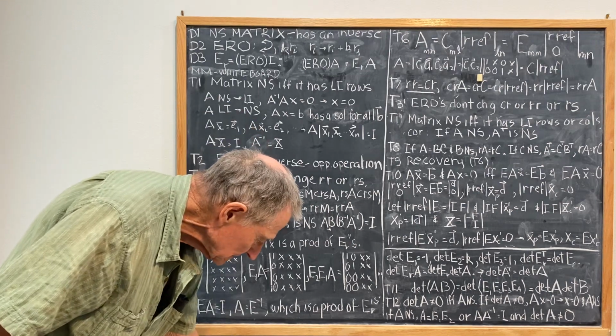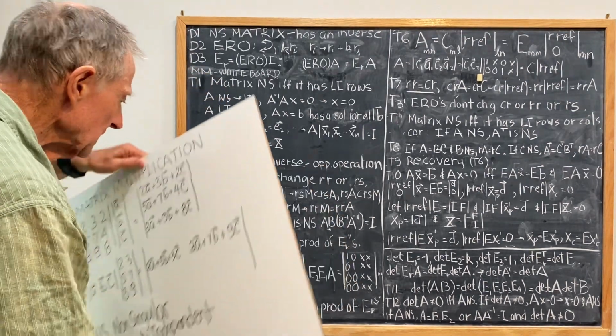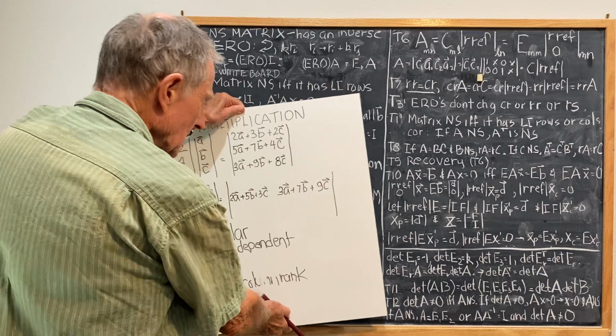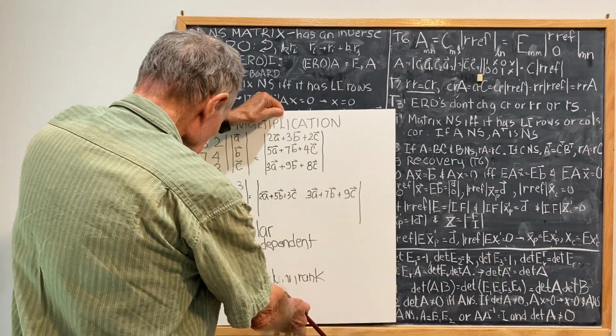Now I will be using two different variations of matrix multiplication, and I'm going to illustrate them here.